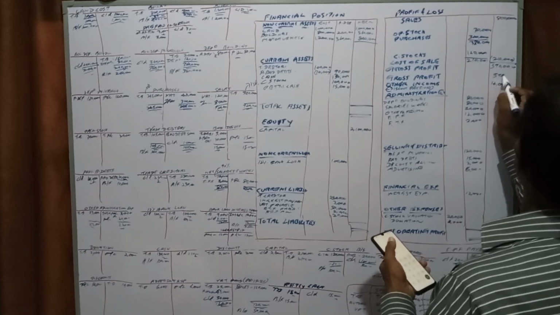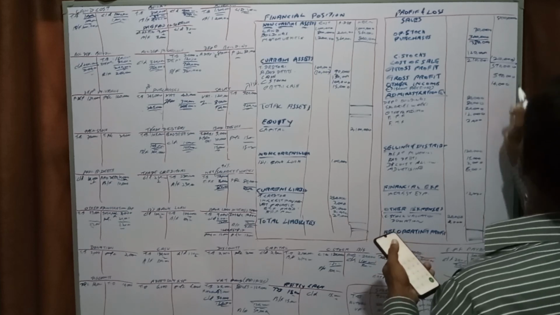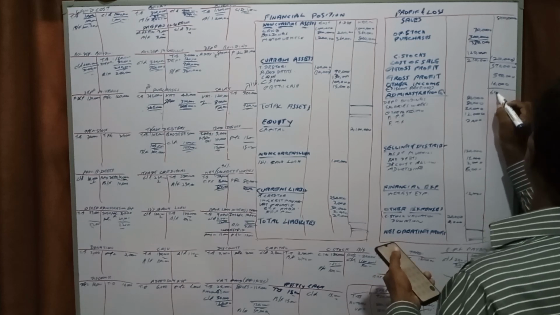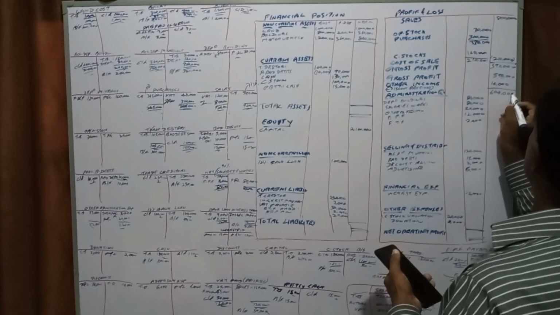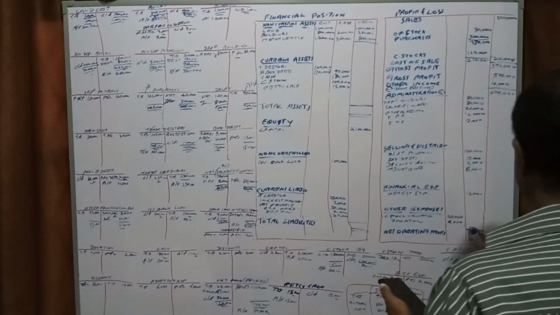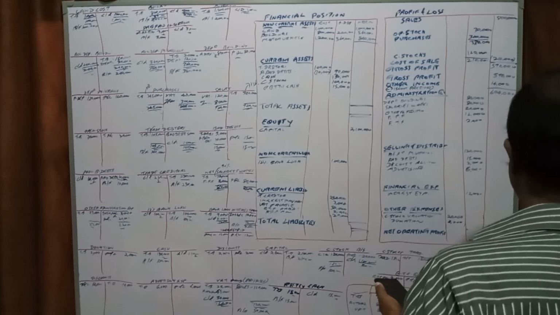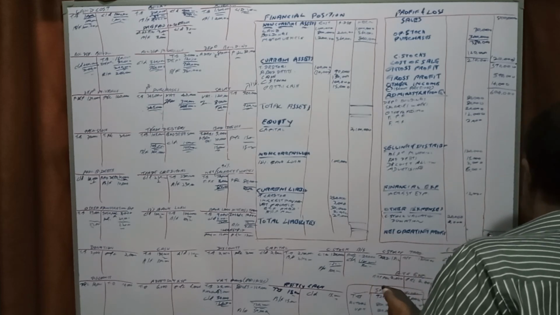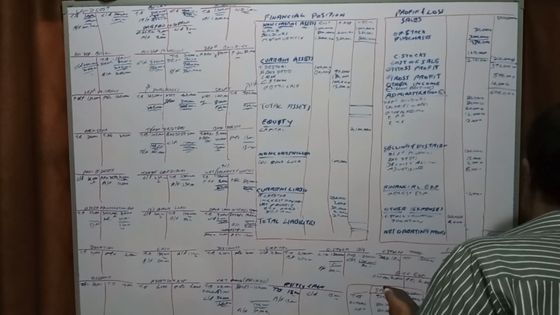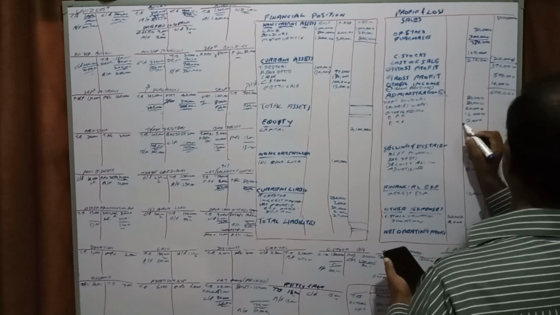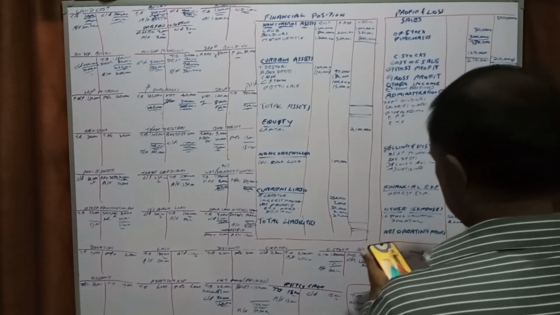Gross profit is 590,000. So this is 604,000 total income, right? Total income we say 604,000, right?